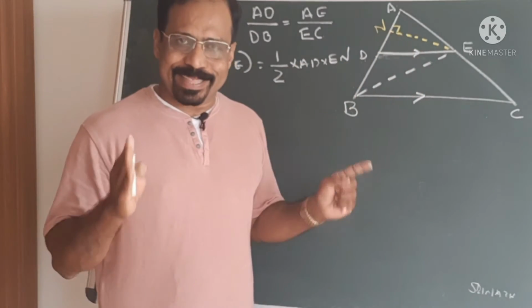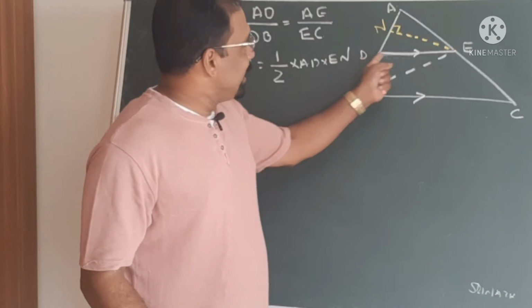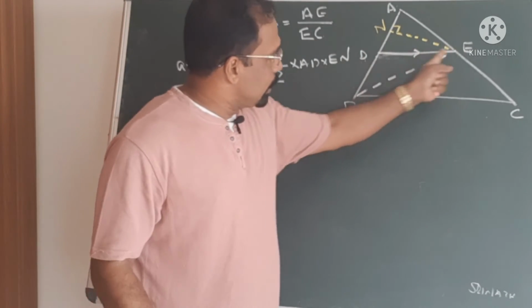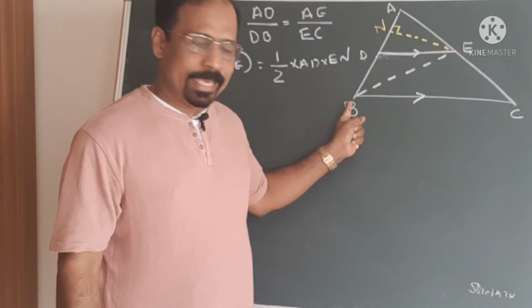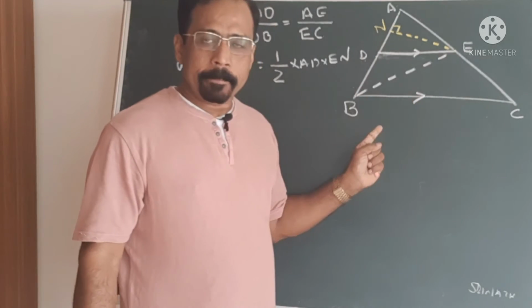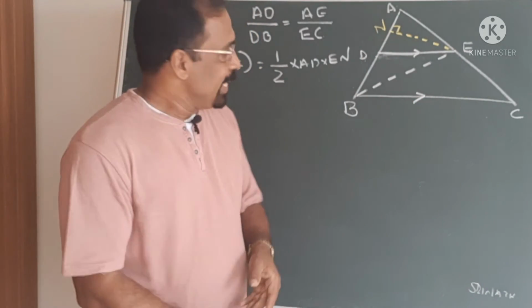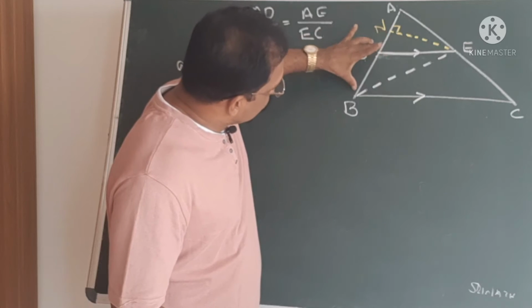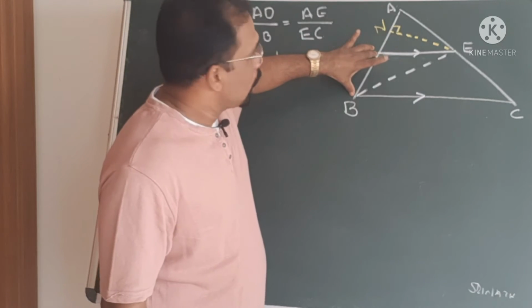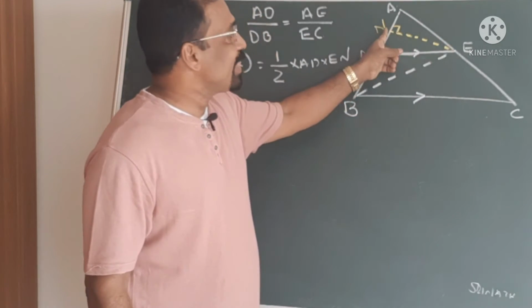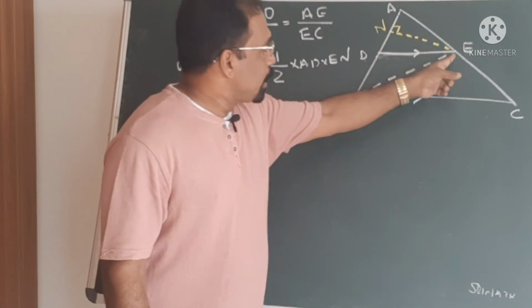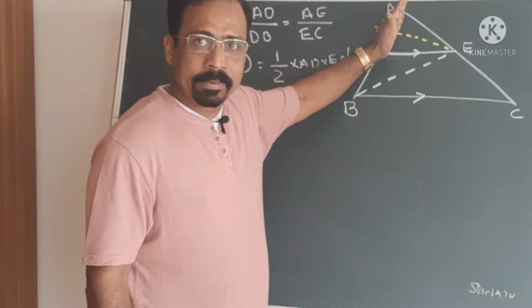Now let us consider the second triangle BDE. Now what is this area? So here again the base is this BD. And what is the perpendicular distance? EN. That is a perpendicular distance to this line.